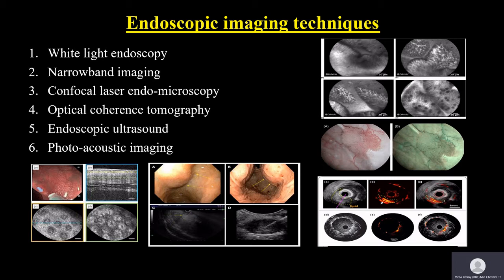Plus, it can only detect changes in color from pink to salmon pink to white, but it cannot detect earlier changes happening in the lining mucosa, which makes it a more limited endoscopic imaging modality compared to photoacoustic imaging, which has wider advantages and fewer disadvantages, as we will mention later on.